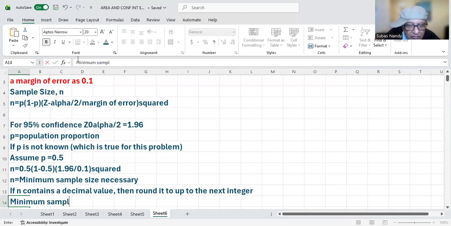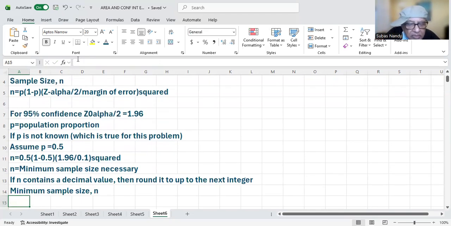So in our case, the minimum sample size, we will use that same formula. n is equal to, now I will work out with the formula.